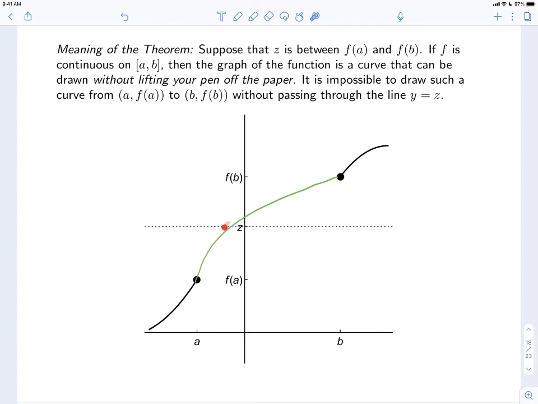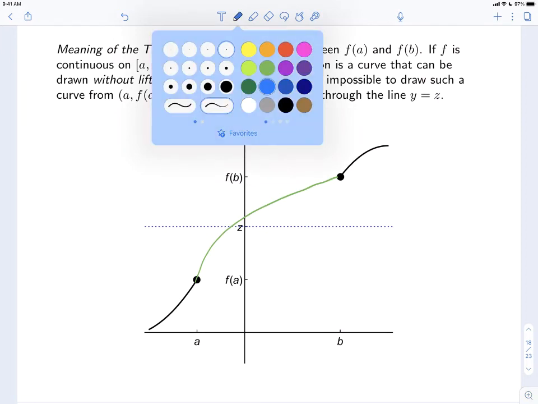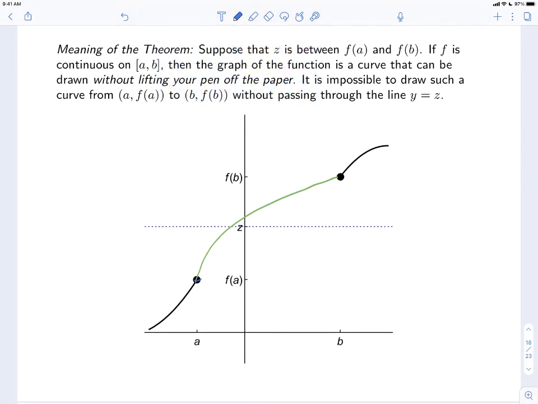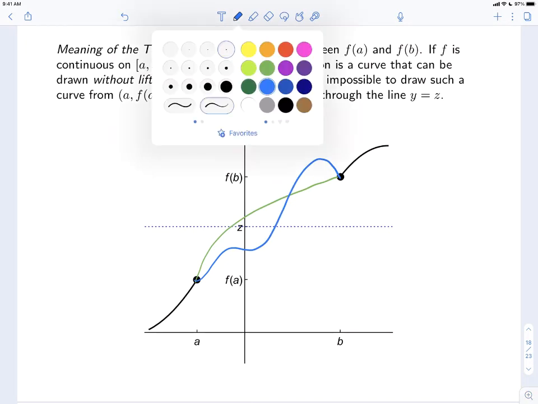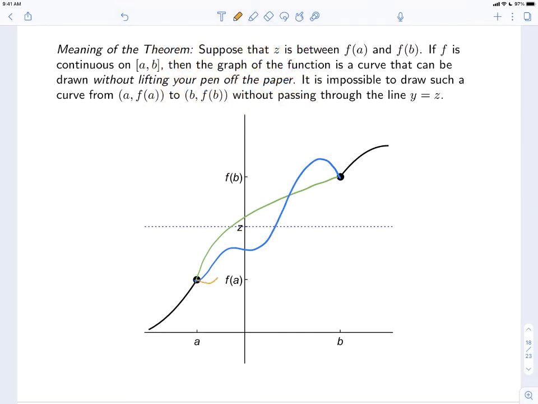And if I do that, it doesn't matter how I draw the graph. If I pick an output value z and draw a horizontal line, then you can see that no matter how I draw this curve, it must pass through that horizontal line if this is to be a continuous function.